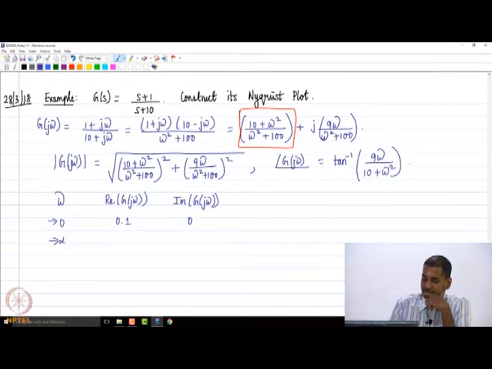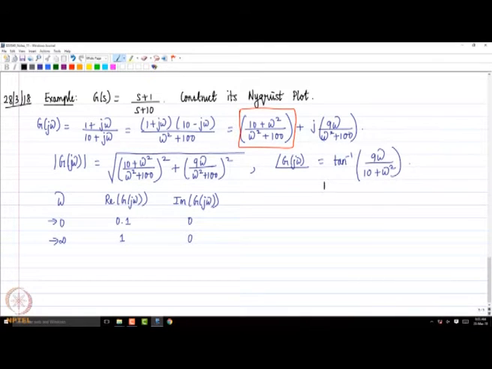Now as omega tends to infinity, what do you think will happen to the real part? It will tend to 1, right? And what will happen to the imaginary part? 0 once again, right? So if you plot the G of s plane here for this particular transfer function, this is the real axis, this is the imaginary axis, and this is the G of s plane.